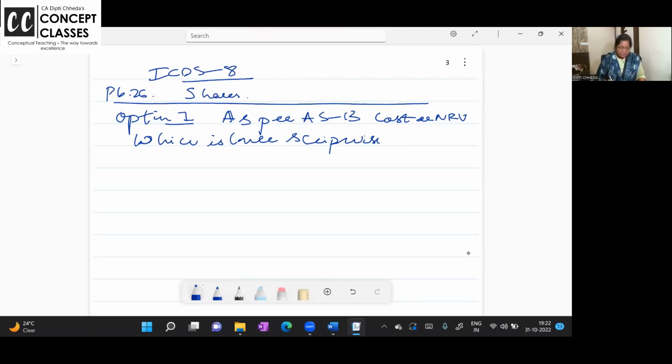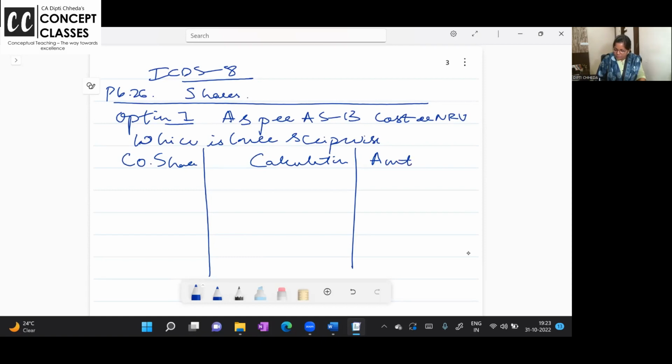First, divide it into 3 parts. कंपनी के शेयर्स, कौन से कंपनी के शेयर्स हैं? Calculation and amount. Closing stock.